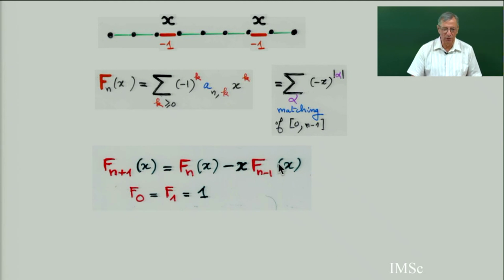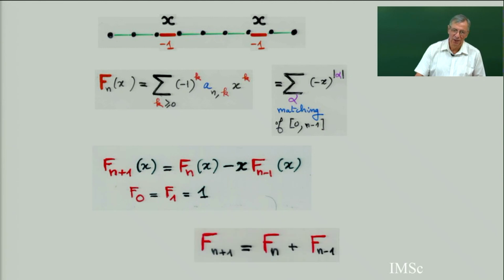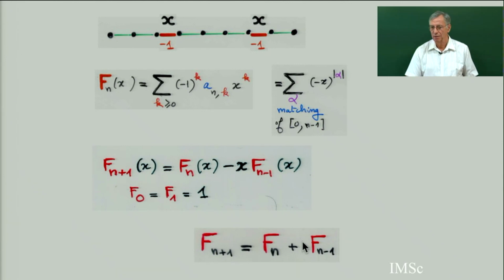And why is it called the Fibonacci polynomial? Because if you take the sum of all the coefficients, the total number of matchings satisfies the very classical recurrence for the Fibonacci numbers. It is a three-term recurrence for Fibonacci numbers, and you extend this three-term recurrence with the variable x.